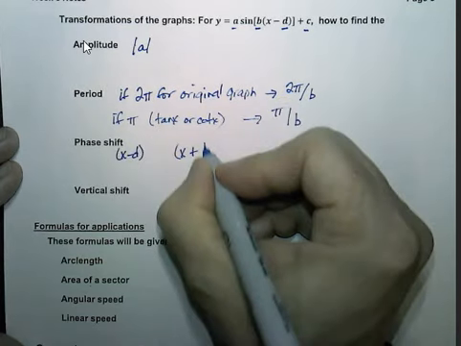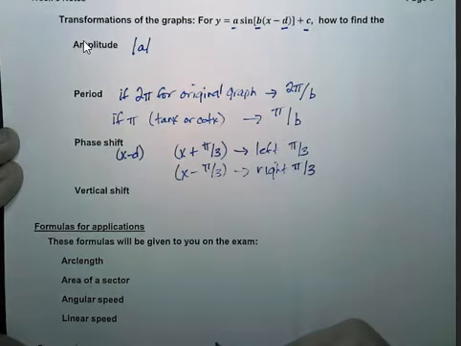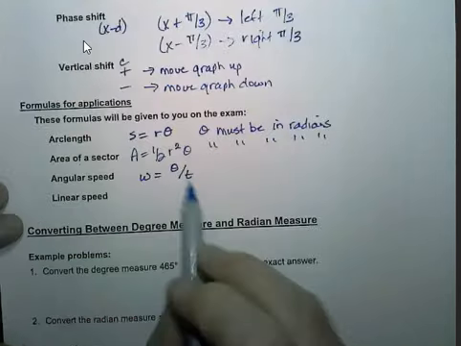For the phase shift, that is from the x minus d part. If we have a positive number in there, so for example, if we have x plus pi over 3, this is going to move it to the left. If we have a negative in there, this is going to move it to the right. Then for the vertical shift, that comes from the number that's added or subtracted on the outside of the function.